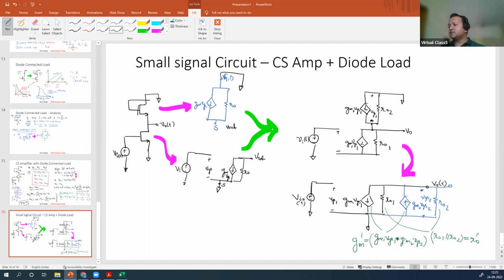Now, how do we replace VGS1 and VGS2 to fulfill the next criterion? For that, you have to find out what is VGS1 and VGS2. Now, what is VGS1? VGS1 is Vin.